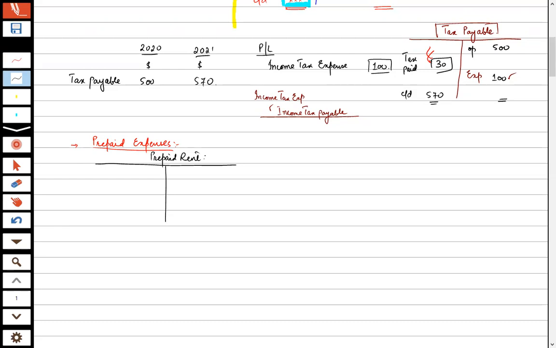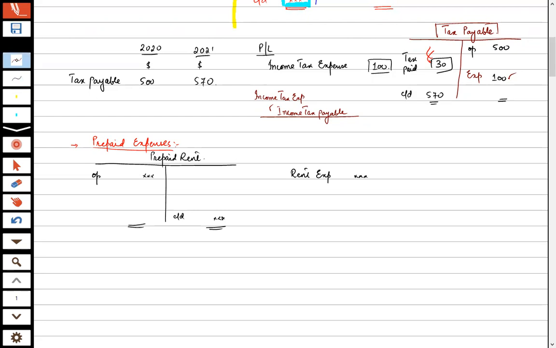If we make the T account of the prepaid rent, the opening amount will appear here and the closing amount will appear here because it is an asset. Now we have been given in the P&L income statement an amount of rent expense as well.